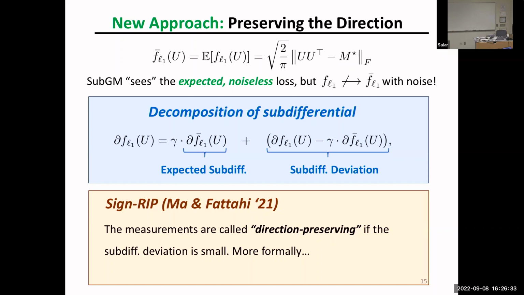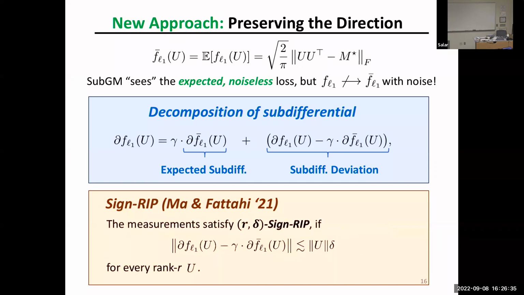I'm going to make it slightly more formal. We say measurements satisfy sine RIP with parameters r and delta if this subdifferential deviation is upper bounded by the norm of u times delta for any u that is at most rank r. The reason why we call it sine RIP is because, well, take the derivative of the absolute value, you get a sine function.